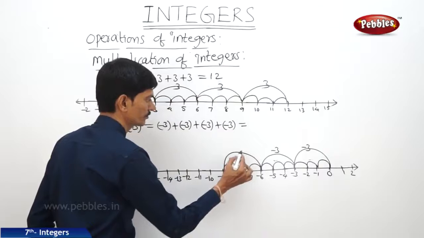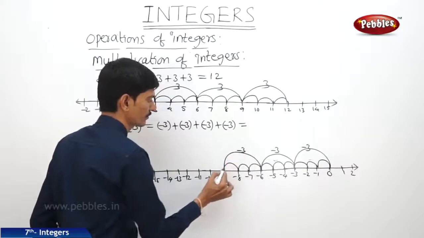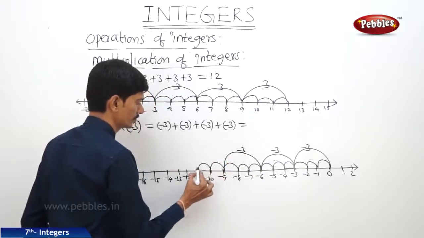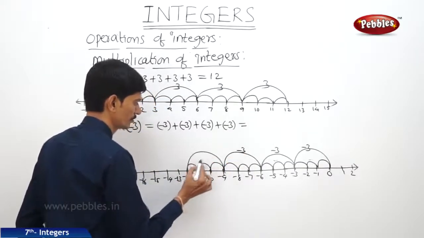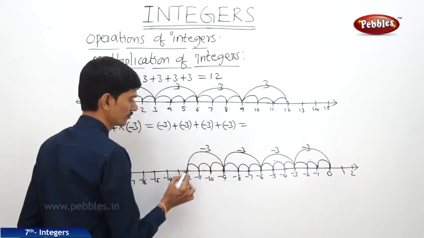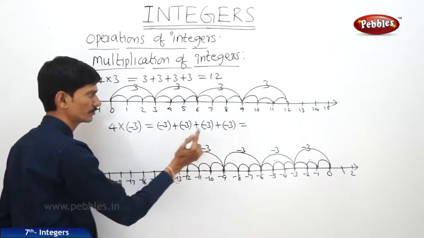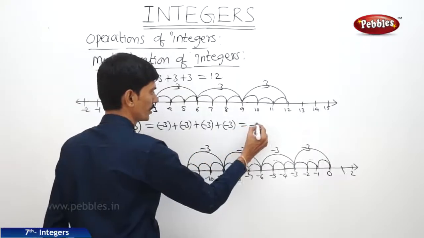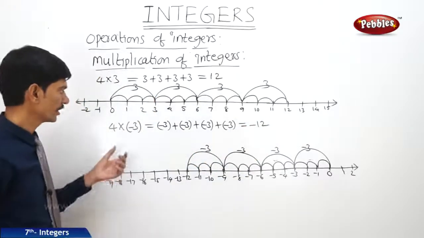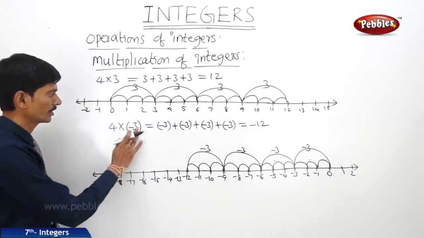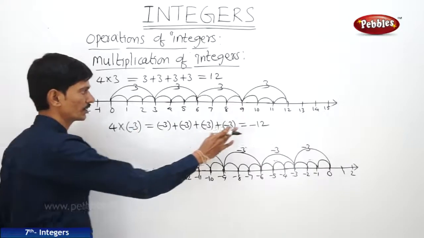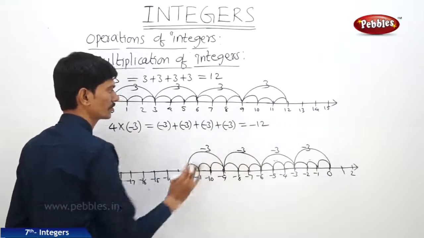This is the third jump. Again minus 3, 1, 2, 3. So this is also minus 3. So we reach minus 12. So when minus 3 is added 4 times, we get the result minus 12. When you multiply a positive integer by a negative integer, we get the product as a negative integer.